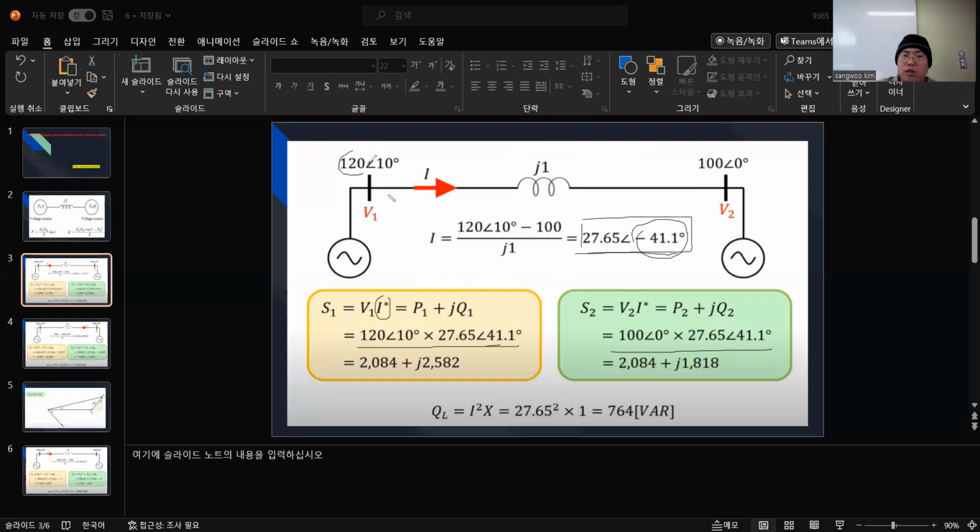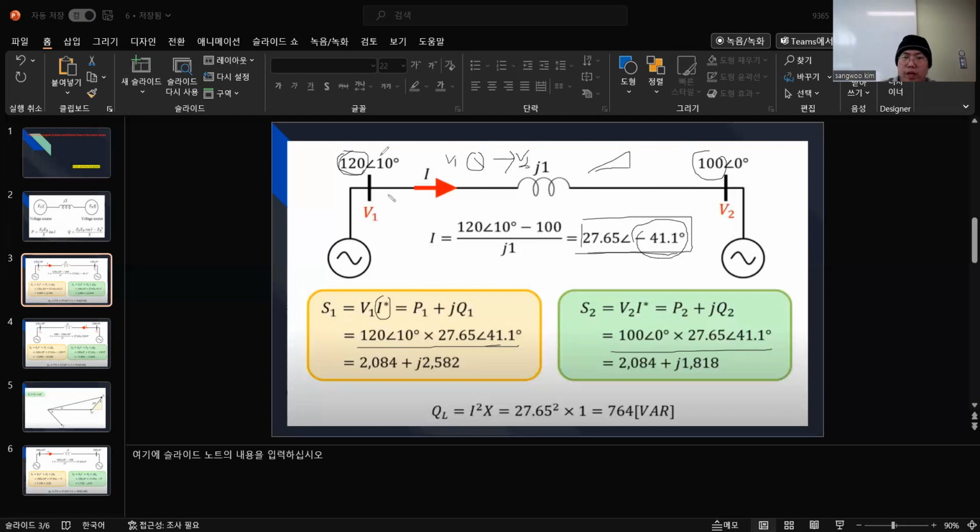Just here is bigger, right? And here is bigger. So which means Q, reactive power, is from this number to this number, V2, right?